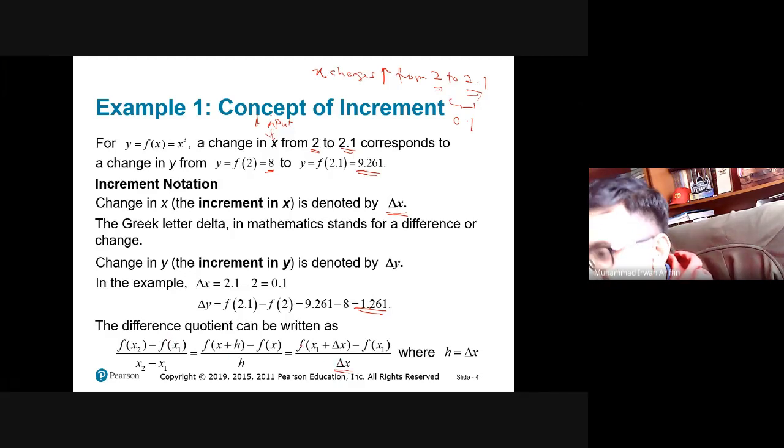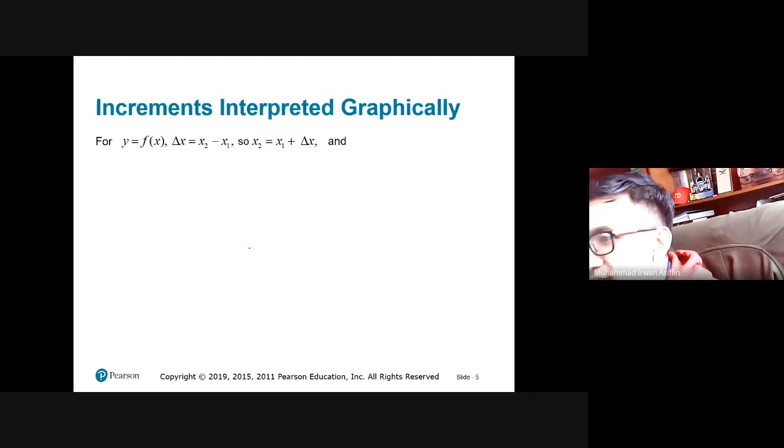While the numerator is basically the difference between the outputs, f of x1 plus delta x and f of x1. So this is delta y, the change in y. So where h equals delta x.